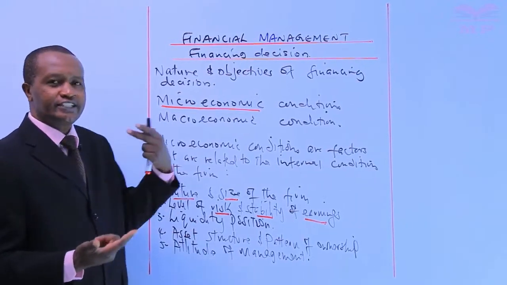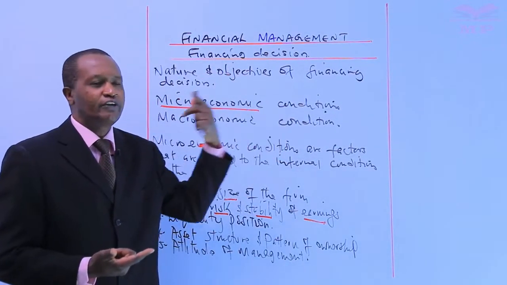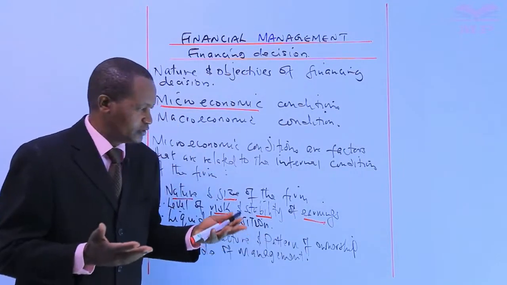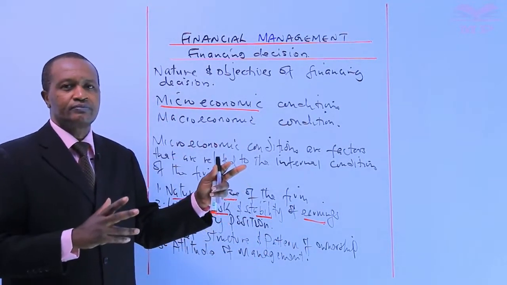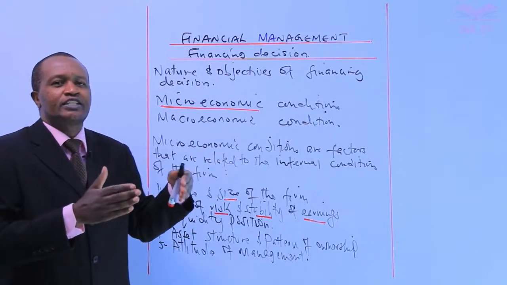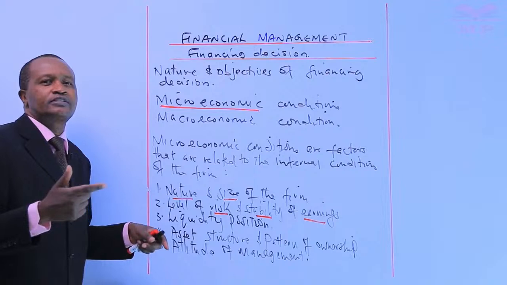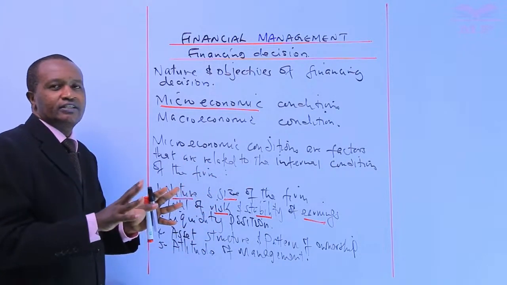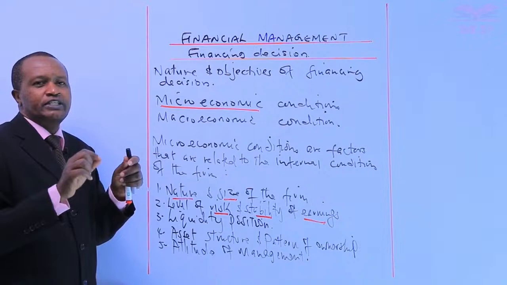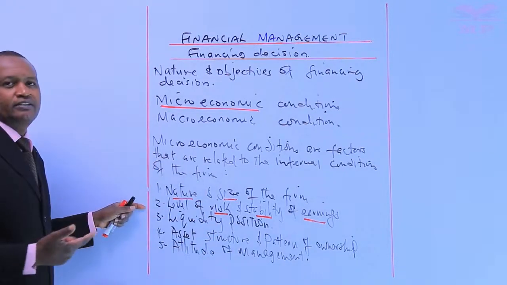Again, if risk is higher, meaning income is not stable, then the finance manager tries to impress the shareholders for more retention of earnings rather than adopting a liberal dividend policy.